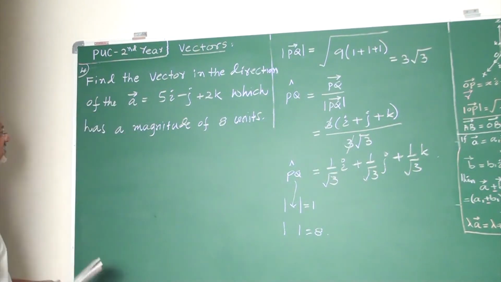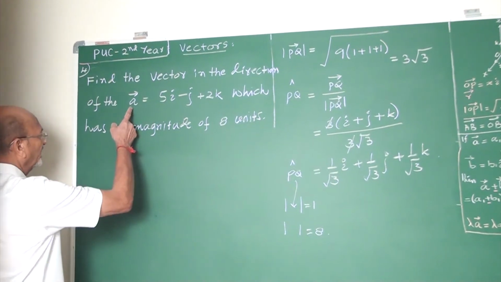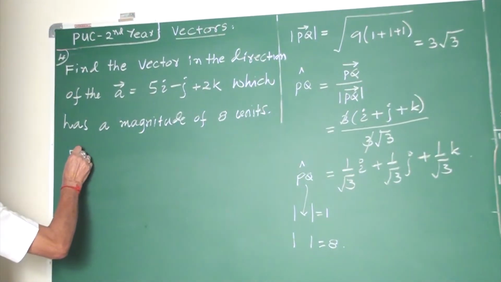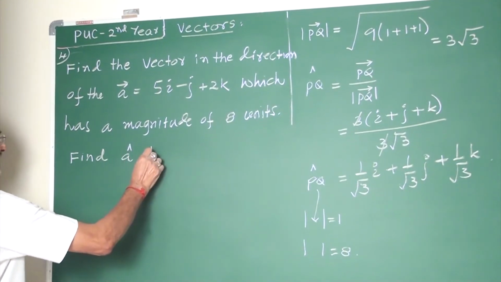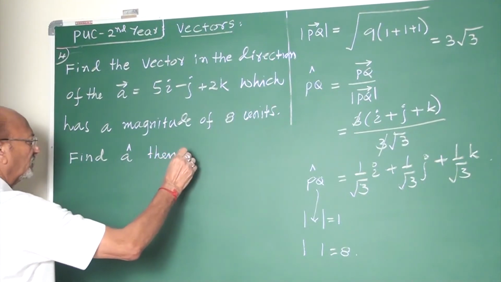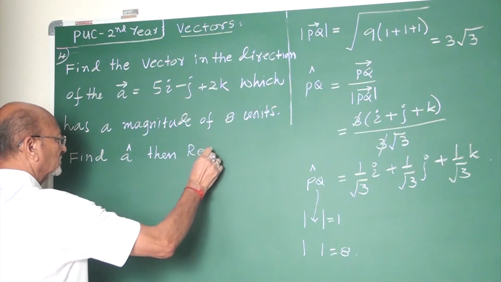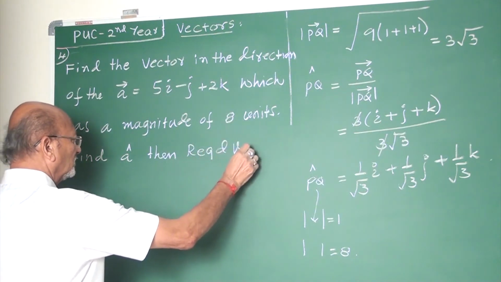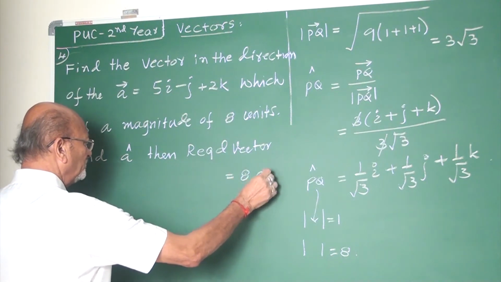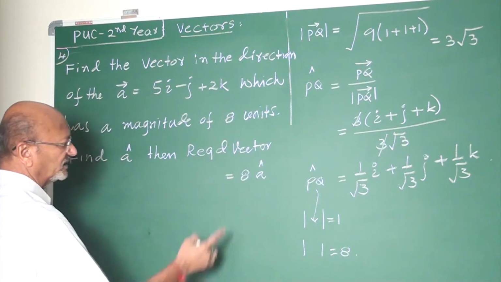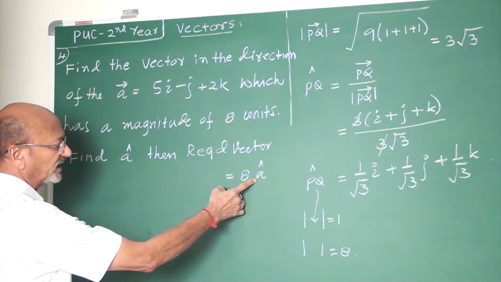Here also, my friends, first you have to find A cap. Then the required vector is 8 times A cap. What is the magnitude of A cap? 1.